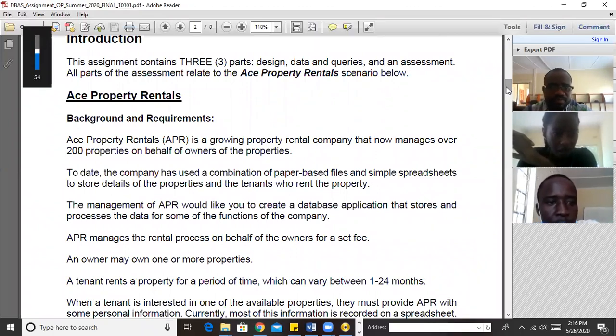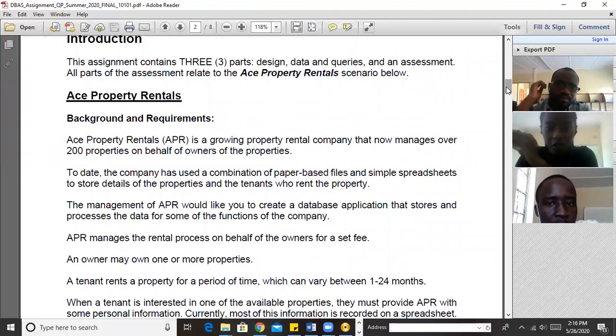This assignment contains 3 parts: design, data and queries, and an assessment. All parts of the assessment relate to the ACE property rental scenario below. Go ahead and read down below. ACE property rentals, background and requirements.